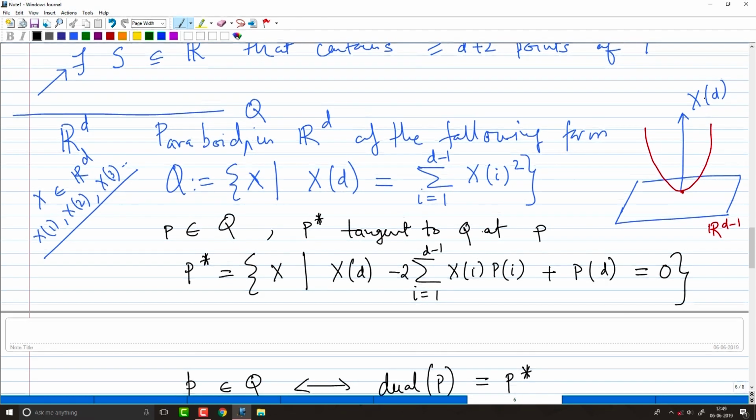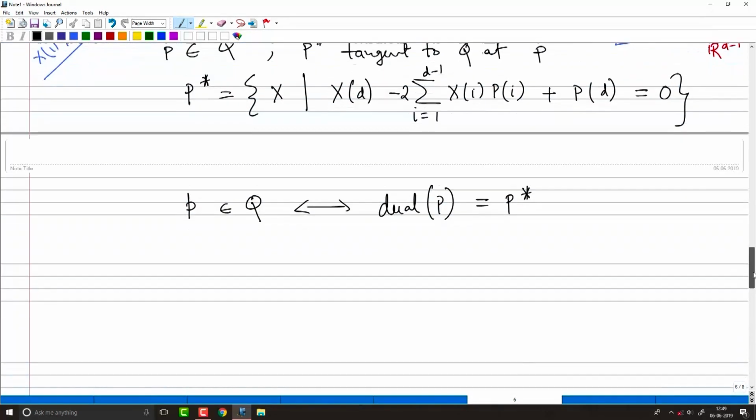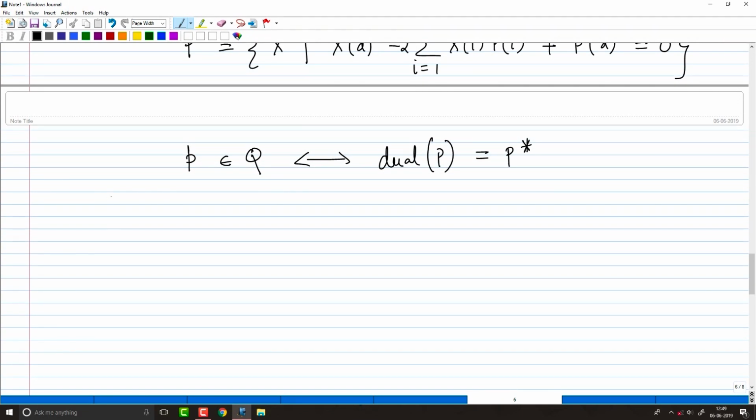So how do we do this? Let's say Q is another point in R^d. It doesn't have to be on the paraboloid. Its dual, Q star, this is a dual. See, this is not the tangent at Q, Q doesn't have to be on the paraboloid. I just want to abuse this notation as much as possible and confuse you as much as possible at the same time.